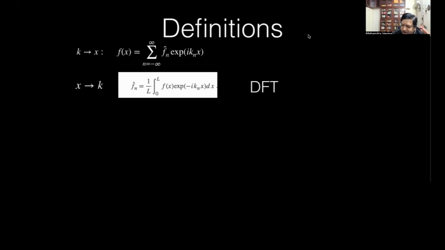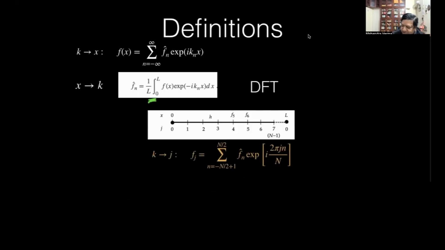So in a computer, I can't really do the integral. So I will discretize it into a discrete number of points in 1D. So this is the discrete transform. Okay, now this formula, I recommend that if you're doing the project, you should definitely derive it. If you're not, then you should kind of know what this formula is.